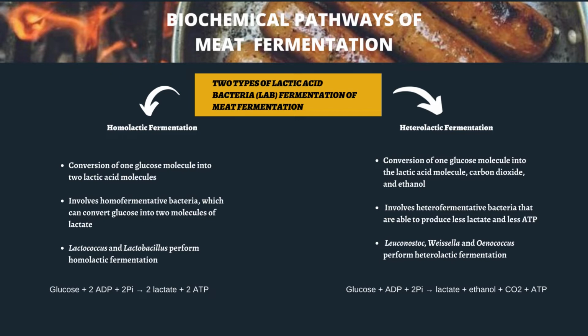From the equation of homolactic fermentation, we can see that one glucose molecule becomes two lactic acid molecules. For heterolactic fermentation, one molecule of glucose becomes one lactic acid molecule plus ethanol plus carbon dioxide. So that's for me. Moving on to the next part. Thank you.